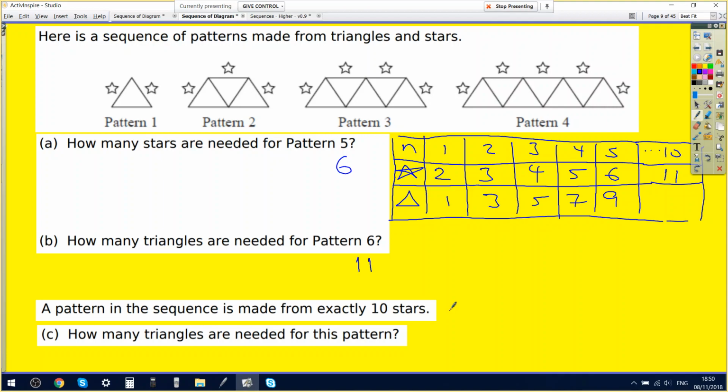Yes, we were going to try this one. So one has 10 stars. How many triangles would it have? Any idea how we could use the table or find an nth term for this one?